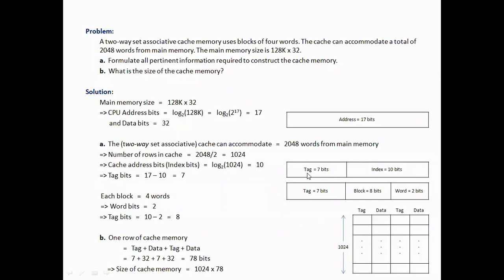We have already found tag is 7 bits, and data is given as 32 bits. So tag 7 plus 32 plus 7 plus 32 is equivalent to 78. That means the width here is 78, and the number of rows is 1024. So the size of cache memory will be 1024 into 78.